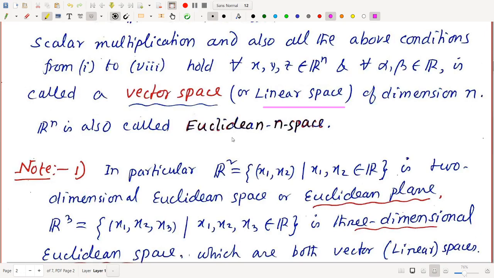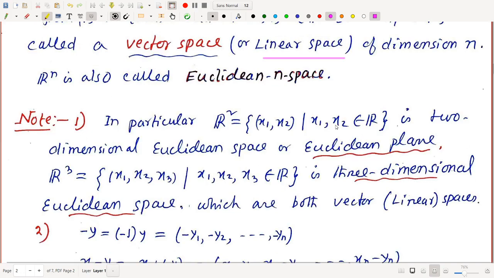R^n is also called Euclidean n-space. So this is the vector space structure.